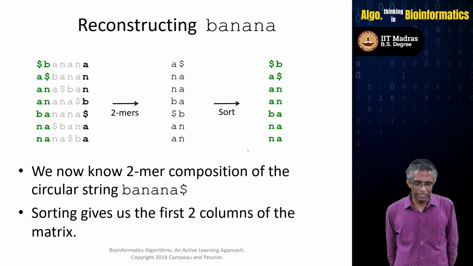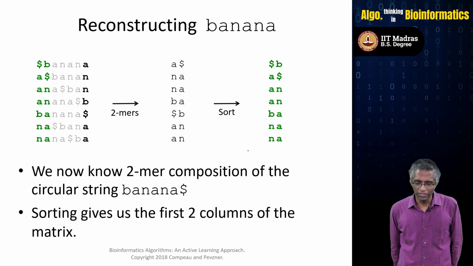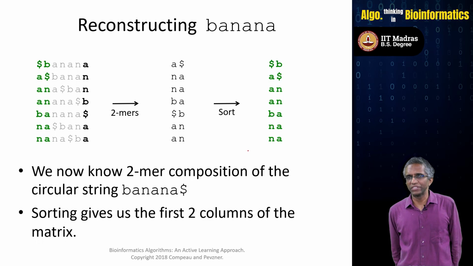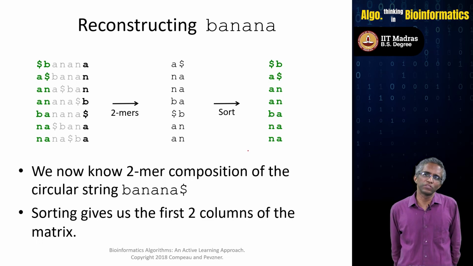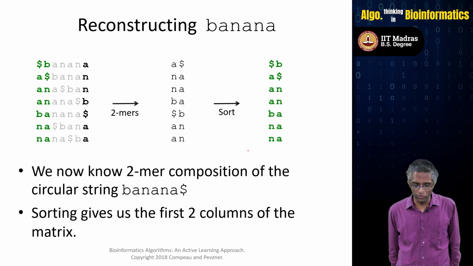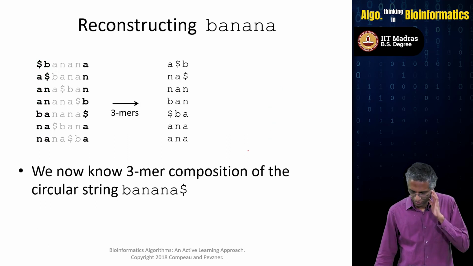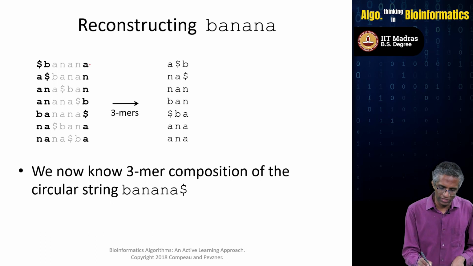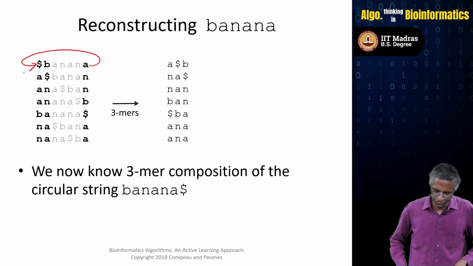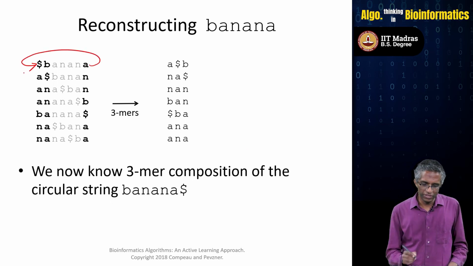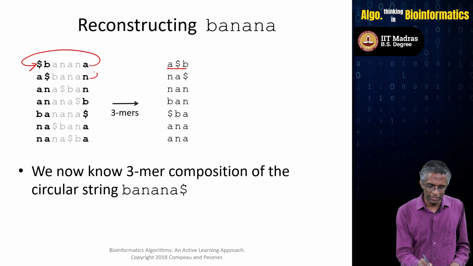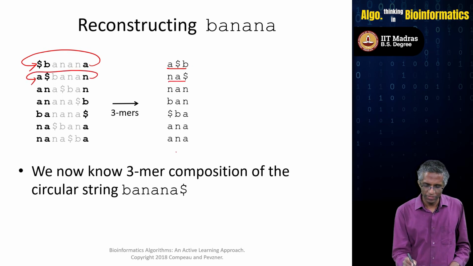I hope you have seen by now that if you do one more cyclic rotation, I know all the 3-mers, and I can sort them to get the first three columns of the Burrows-Wheeler matrix. So now I rotate it again. Rotation is always that the last string is put in front of the beginning. So you have A dollar B, similarly you have NA dollar, and so on.